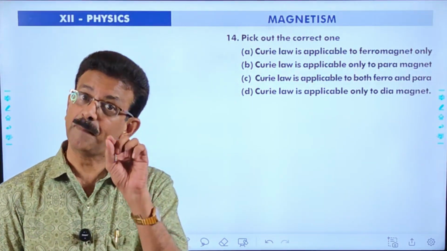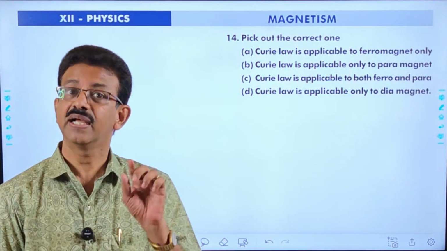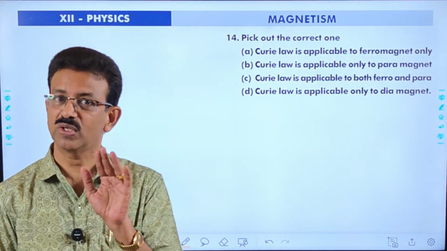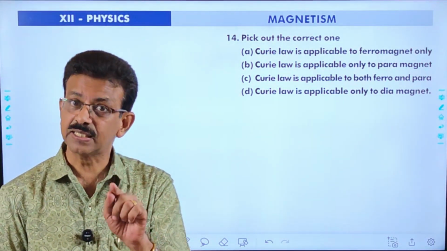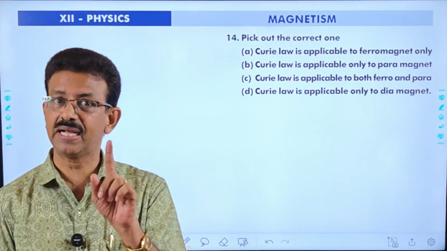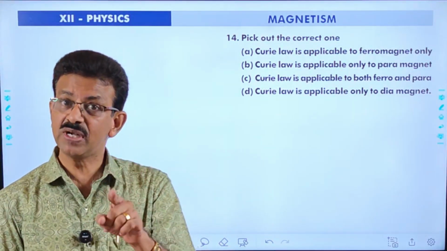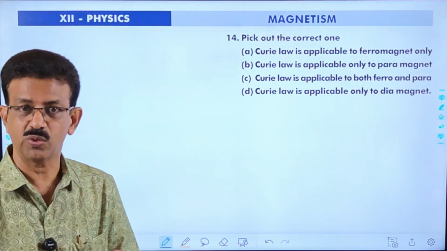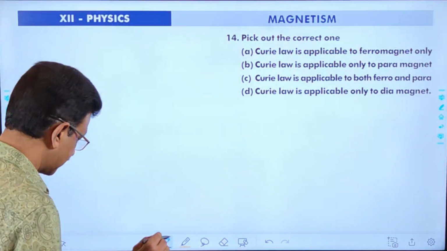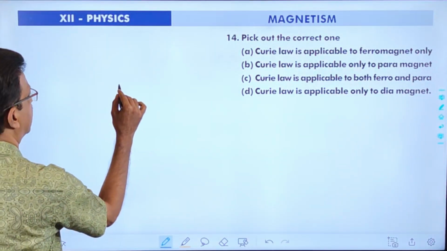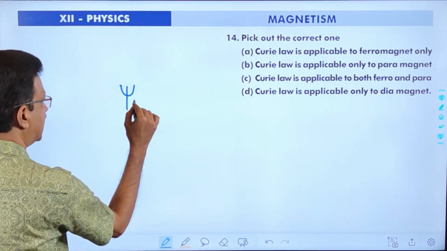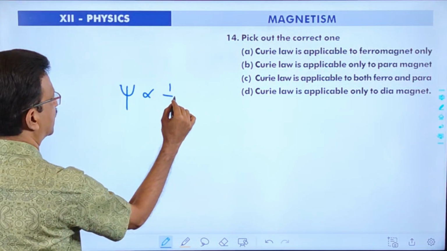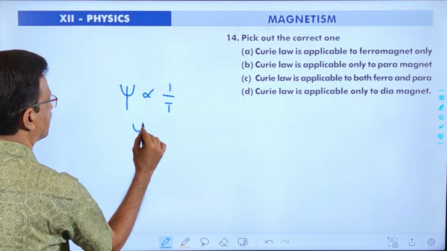Then, for a paramagnetic material, Curie law is applicable. What is Curie law? The susceptibility of a paramagnetic material is inversely proportional to the absolute temperature. That is, for a paramagnetic material, the susceptibility psi is inversely proportional to the absolute temperature.